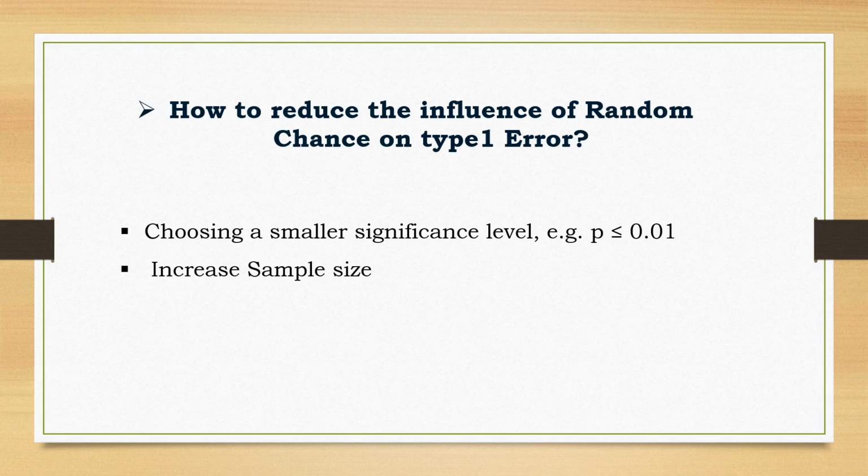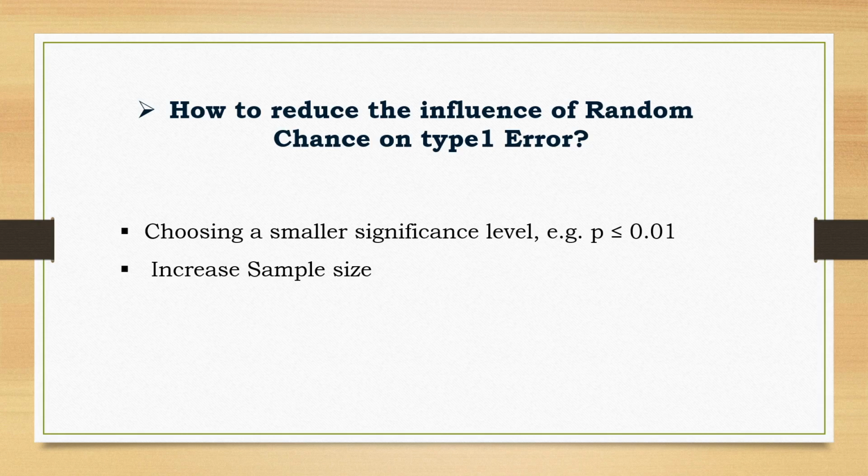An alpha level is defined as a threshold in statistical tests that represents the maximum acceptable risk of making type 1 error. Therefore, choosing a smaller significance level means that we are reducing the likelihood of making type 1 error.